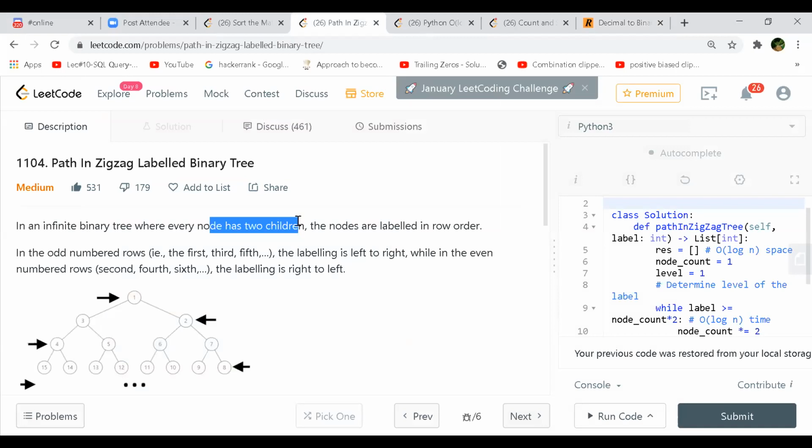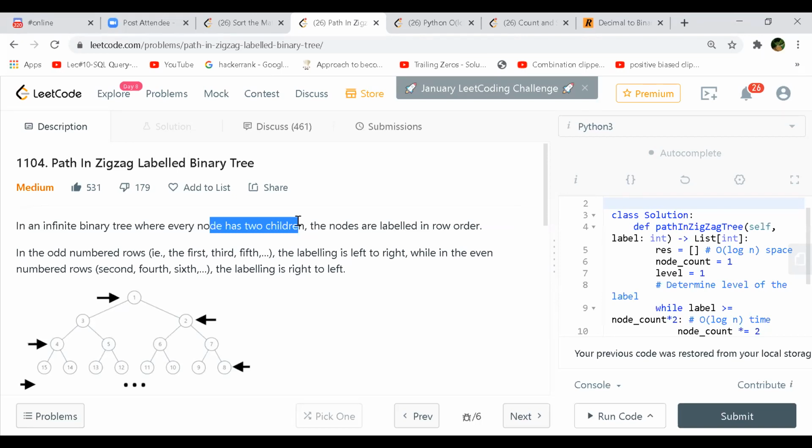If we see 14, starting from 8, 9, 10, 11, these are 4 nodes. Then 5th one is 12, 13 is the 6th one, and 14 is the 7th one. If we divide 7 by 2, we increase the number by 1 if it is odd: 7 plus 1 is 8, 8 divided by 2 is 4.